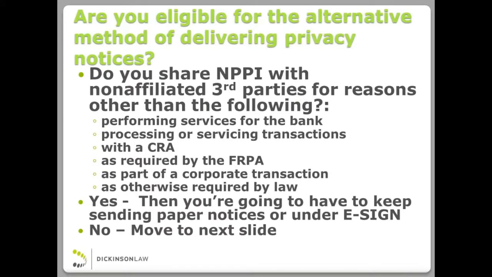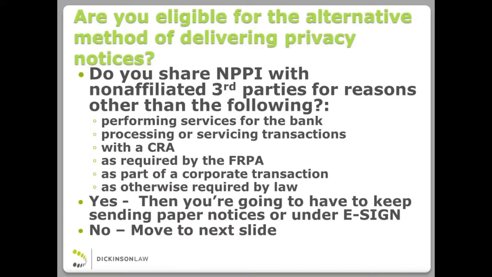So now, do you share any non-public personal information with non-affiliated third parties for reasons that would trigger an opt-out? If you do, then you're going to be stuck with the current method of providing privacy notices.